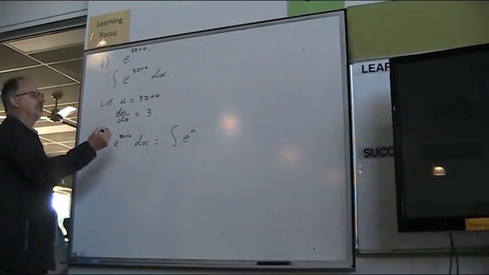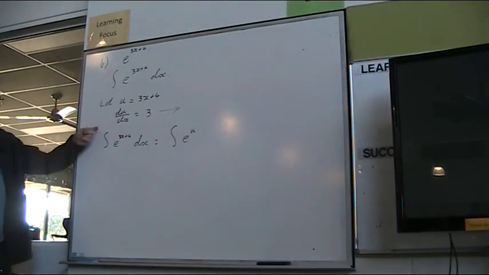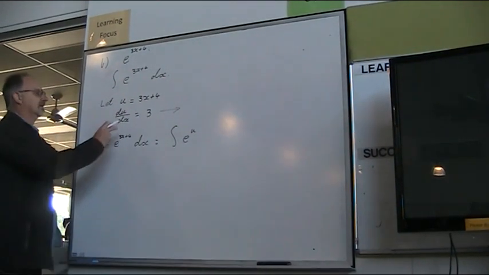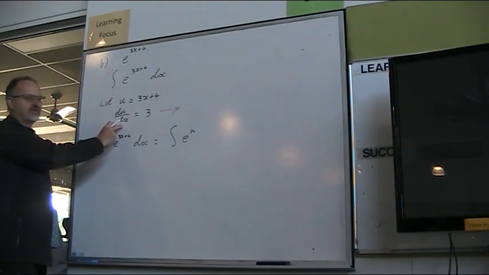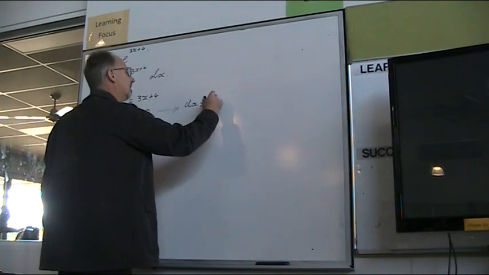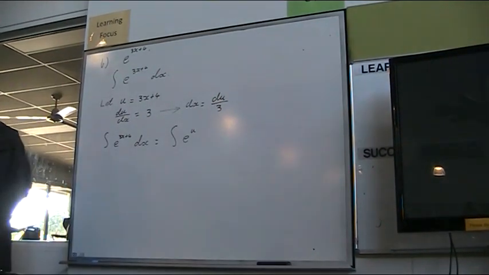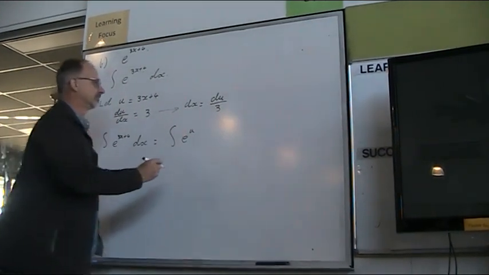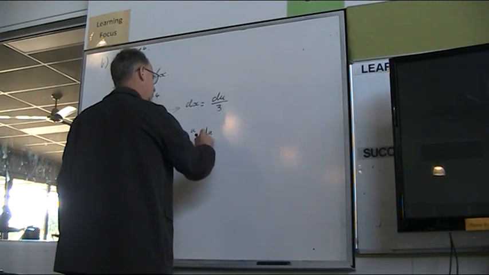One way is to rearrange this: if I multiply both sides by dx and divide by 3, you get that dx equals du over 3. So now I'll replace that as du over 3.